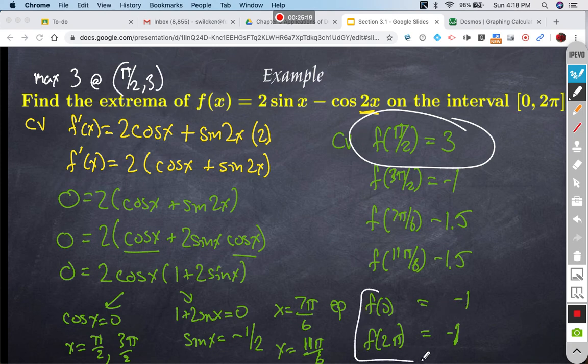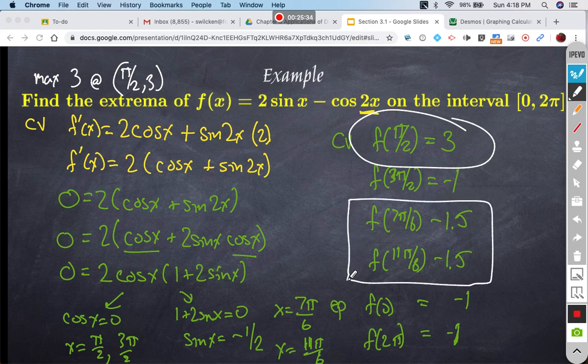You notice this one has 2 minimums. It's hitting this lowest value at 2 places, which is not surprising because both sine and cosine are periodic and they repeat like crazy, right?